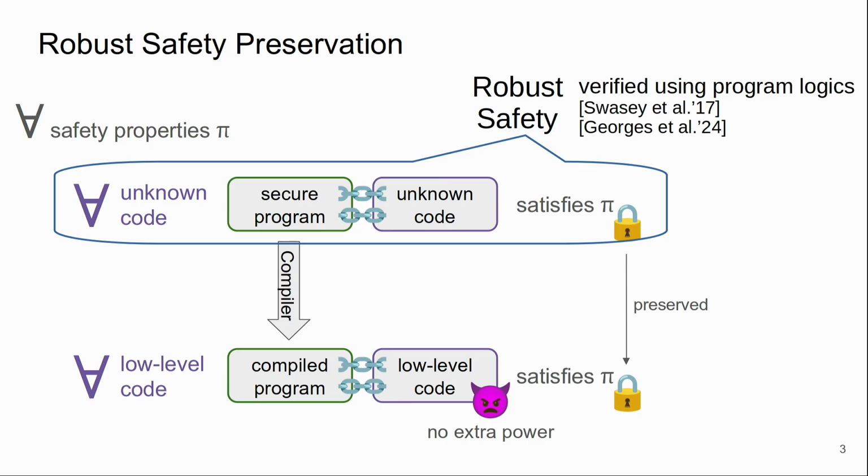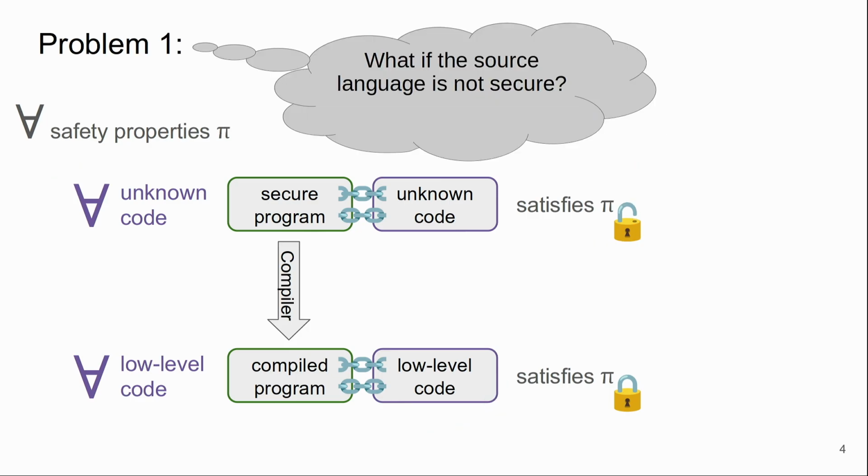and how we solve them with our semantic approach. This existing landscape really works well as long as all security properties you want your compiled program to have already hold robustly in the source. But there's a situation where this is not the case. What, for example, if the source language is not secure?